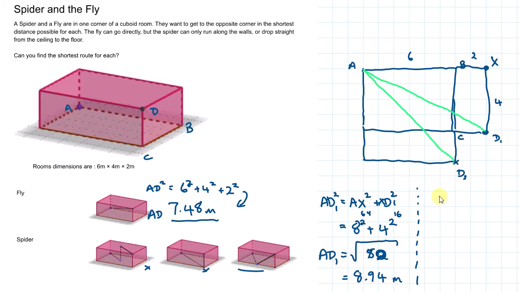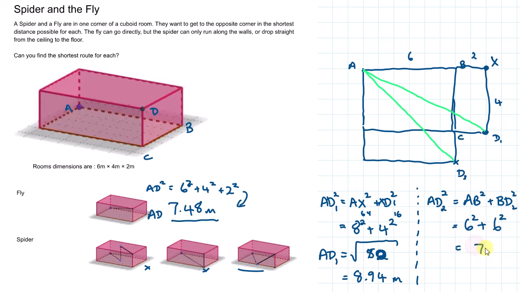Let's try the different route, the AD2. Now some people think these are the same, they're not. So we want to go from A to B, and then B to D2. So what are those lengths? Well, AB is 6 squared, BD is 4 plus 2, which is another 6 squared.